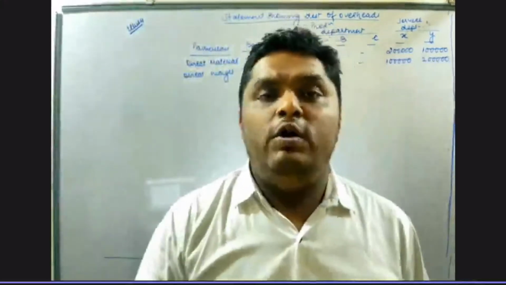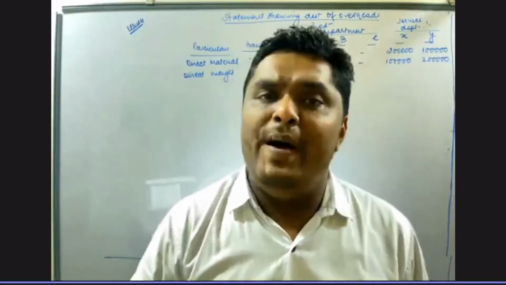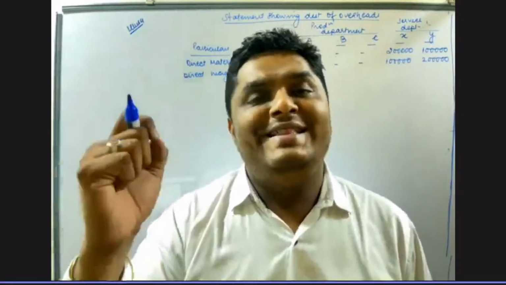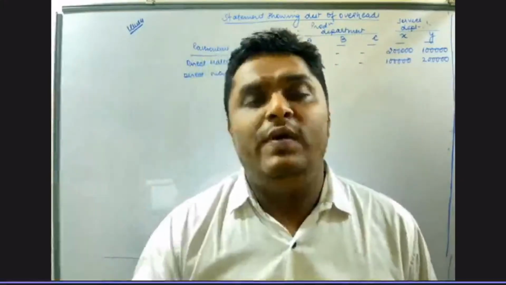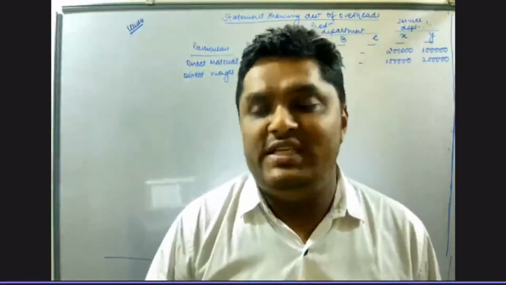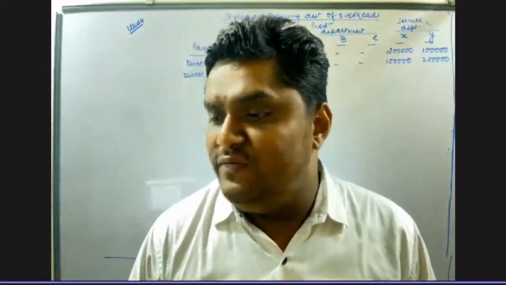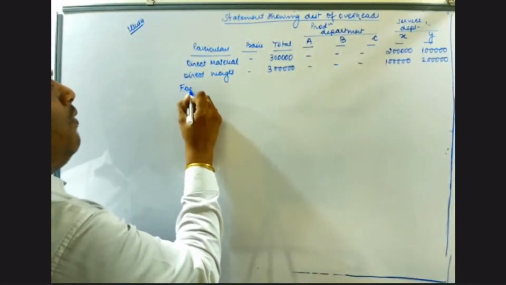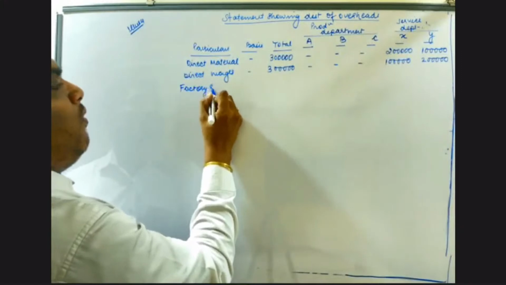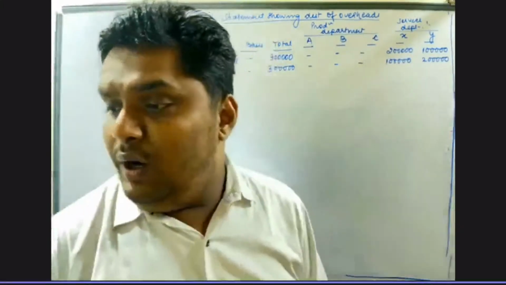when talking about the direct material and direct wages of production departments, it will form part of prime cost, whereas the direct material and direct wages of service departments will be treated as overheads because no units are manufactured in service departments. So now let's start with the primary distribution, that is factory rent, power, depreciation, etc. So factory rent, the total amount is 4 lakh rupees.